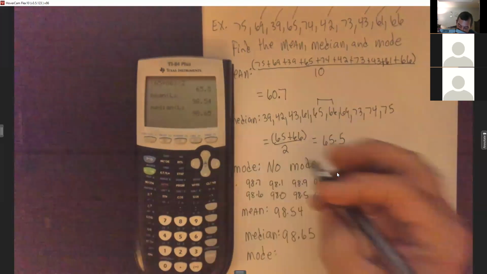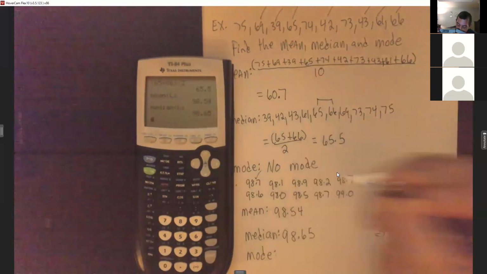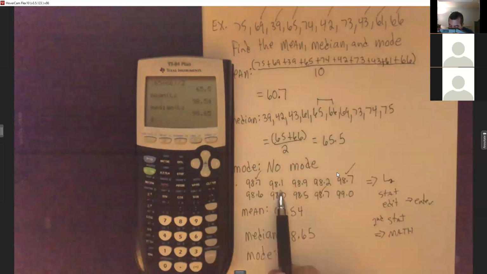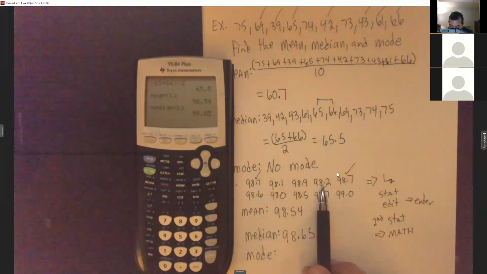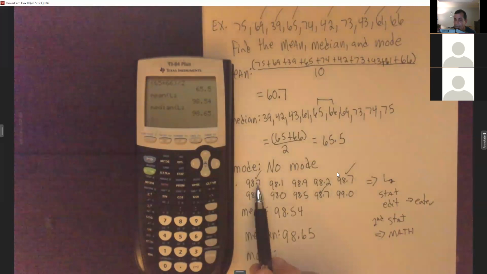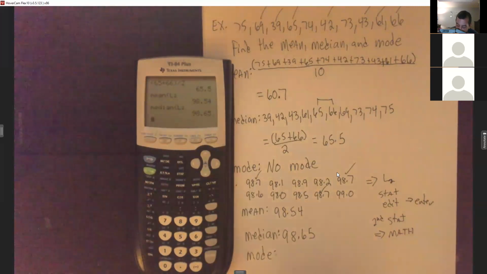Here's 98.7 happened once, twice, 3 times. 98.1 only once, 98.2 only once, 98.6 only once. Everybody else only happens once. So since 98.7 happened 3 times, my mode is going to be 98.7.